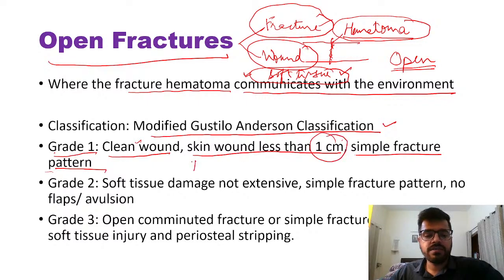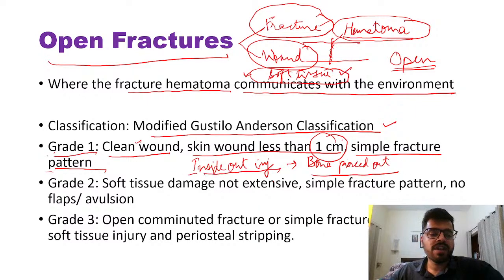Mostly it is an inside out injury. You understand, inside out injury, that the wound occurred because the bone pierced out, not because of the outside forces. So it's an inside out injury.